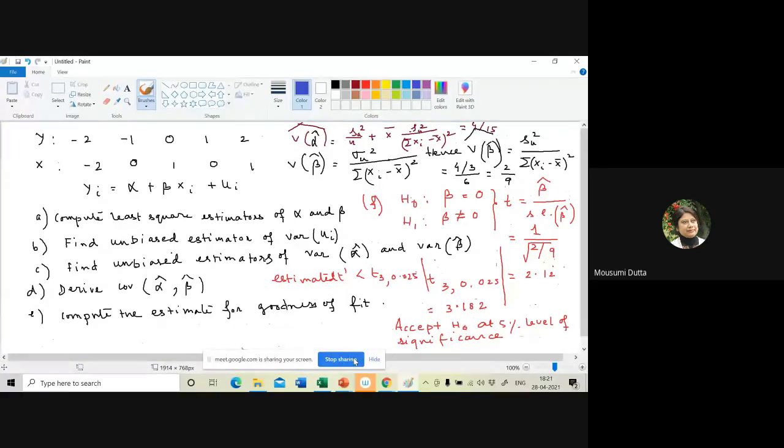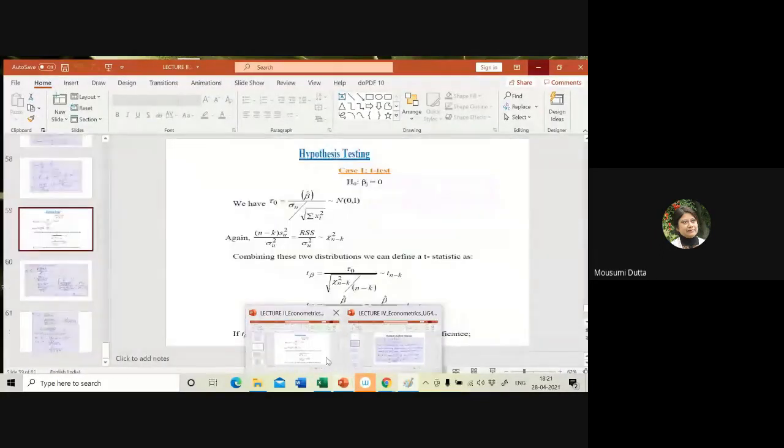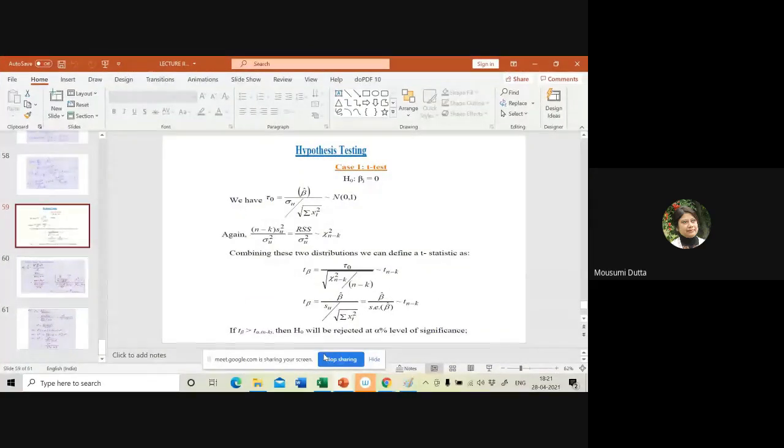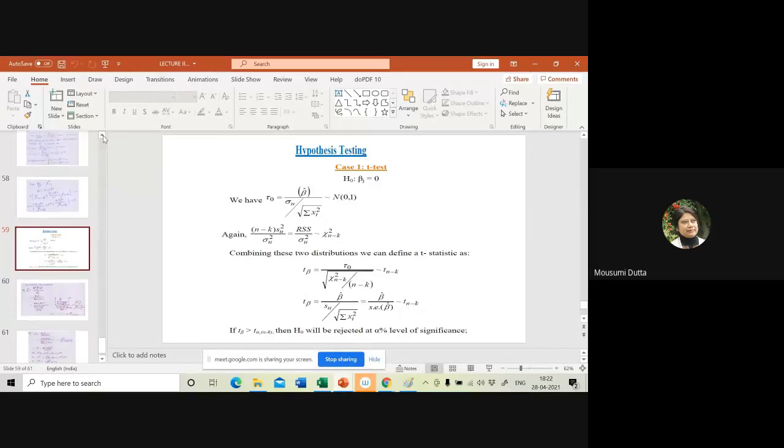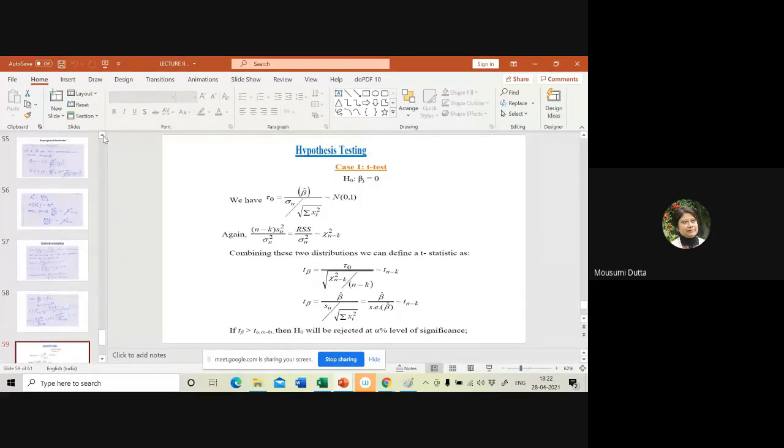Last day I mentioned, it is for a parameter, so that can be done only for alpha and beta. In the question I have written alpha hat, beta hat. I'm very sorry, there is a mistake. Please change the question. Derive the confidence intervals for alpha and beta. Wrongly I mentioned that.